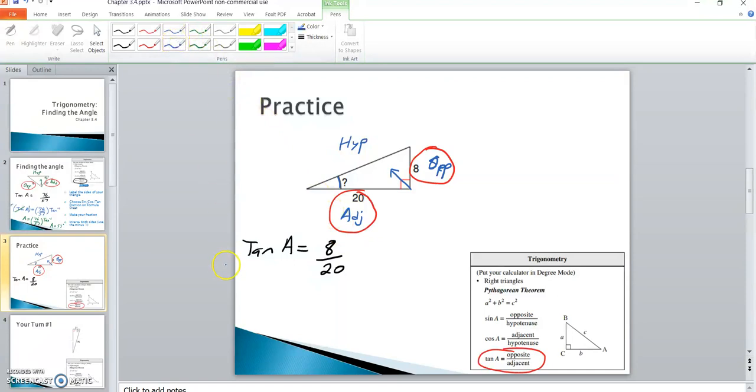And if you remember, I'll write it out again, and then I have to do the tan minus 1 to both sides.